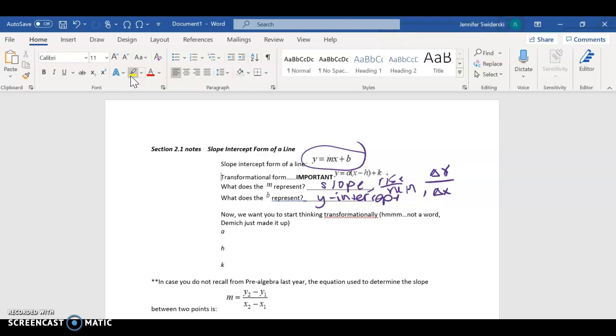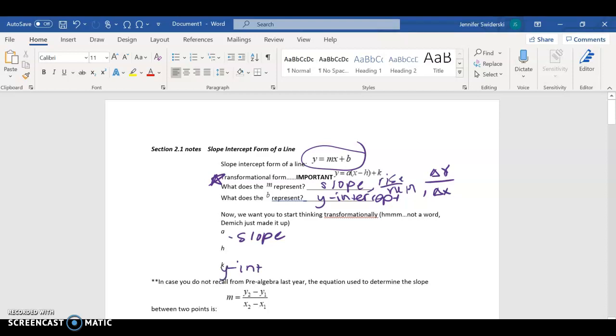Now, we want you to start thinking about this new equation using a, h, and k. We're basically doing the same thing, guys, but we're just rewording and renaming some of these things. So a is going to be my slope. That has not changed. The k is going to be my y-intercept.